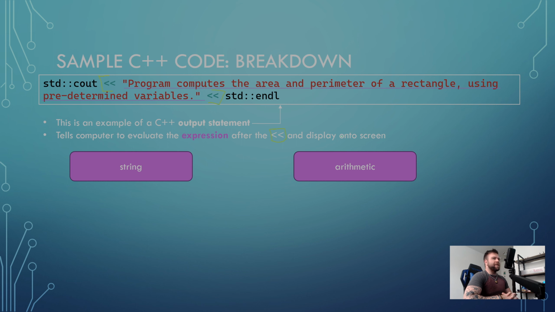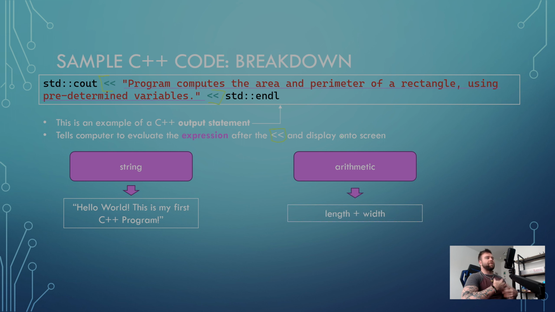There can be a few different types of expressions, but the two most common are string and arithmetic. The string one is always going to be in quotation marks, like "Hello world, this is my first C++ program." You could replace the expression in this line of code and it would output that. Arithmetic is going to be a variable or numbers, right? Length plus width.